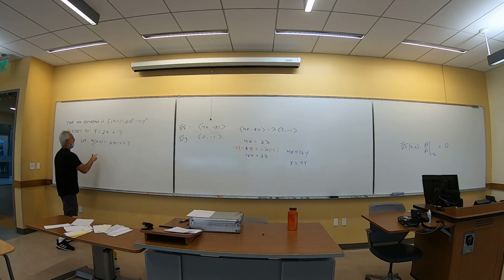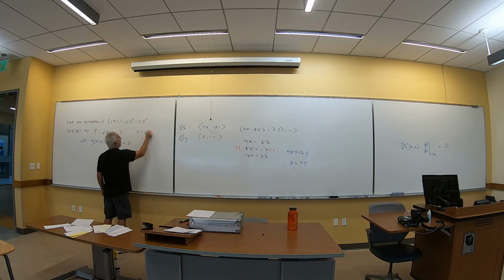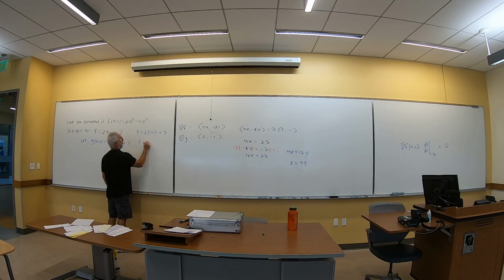That's easier. So now what have I got? I've got y equals 2 times 4y plus 7. I'm replacing the x with 4y. So y equals 8y plus 7, or negative 7y is 7, so y is negative 1.